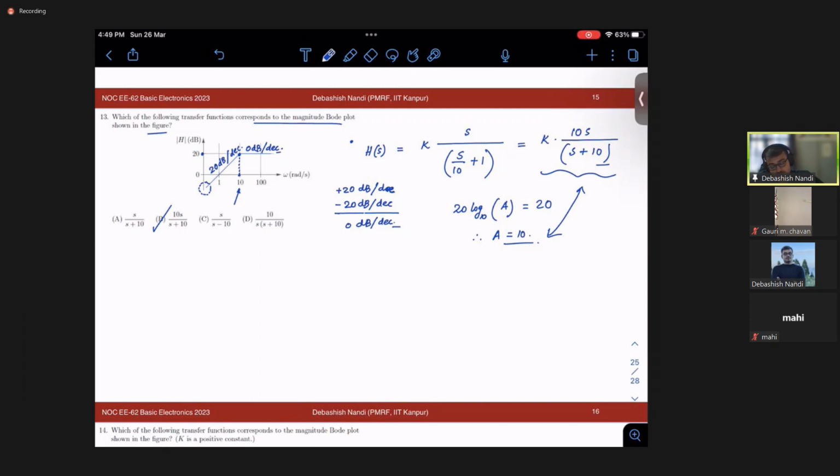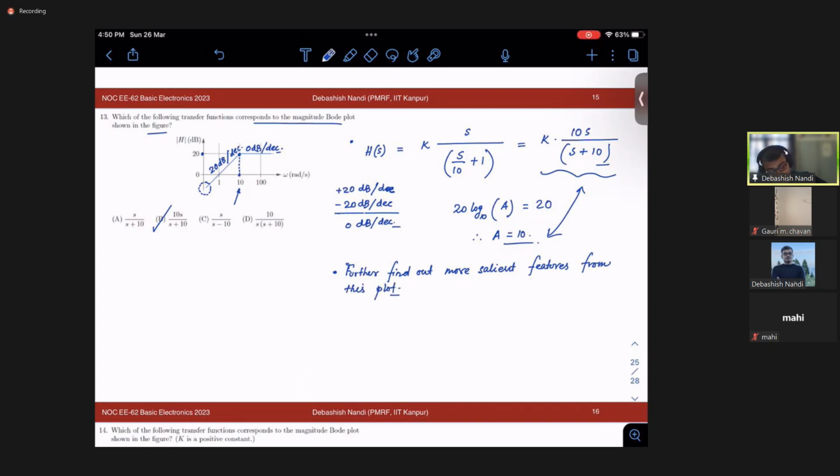So I will suggest you to further find out more salient features from this plot, right?